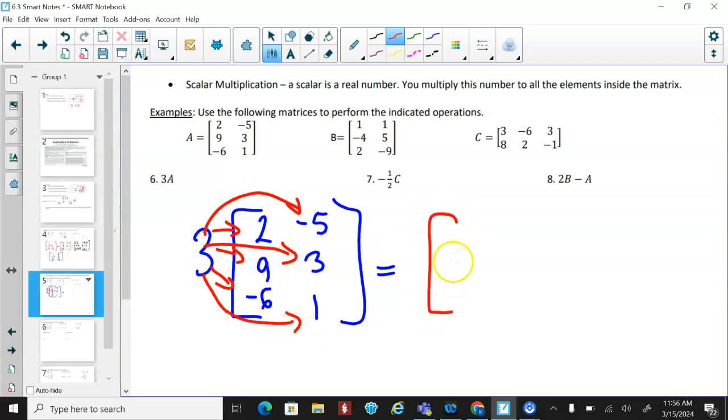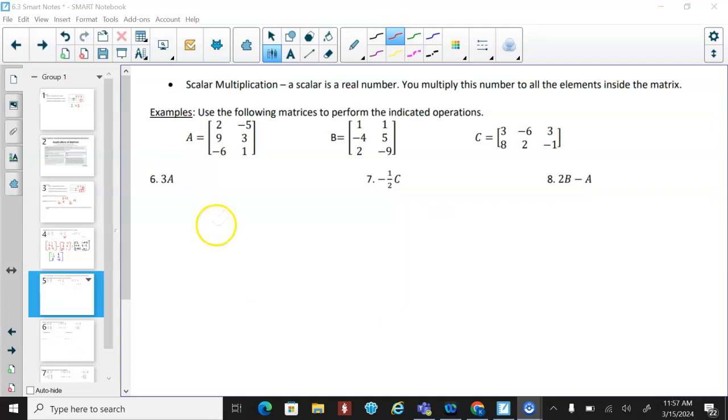So, 3 times 2 is 6, 27, 3 times negative 6 is negative 18, 3 times negative 5, it's negative 15, 3 times 3 is 9, 3 times 1 is 3. That's your answer. Now, if you need to pause that to write it down, please do so.